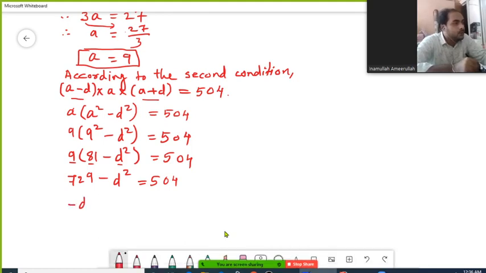Minus 9d squared on its place, 504 on its place, and bringing this 729 from the left hand side to the right hand side. On the left hand side it is a positive number, so when I bring it to the right hand side it will become negative 729. So minus 9d squared equals 504 minus 729.